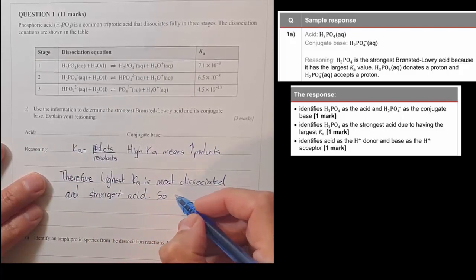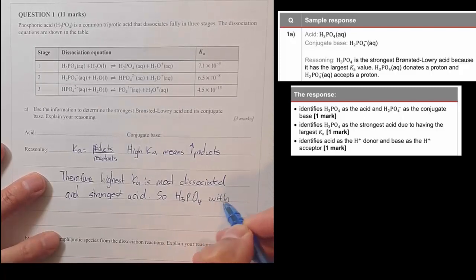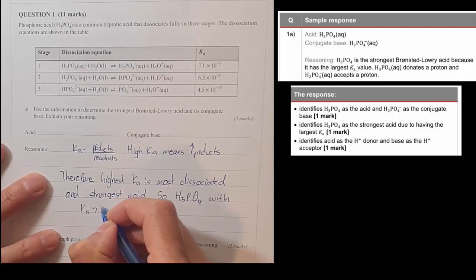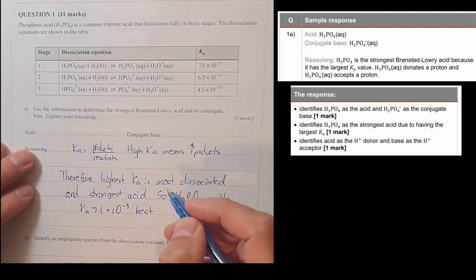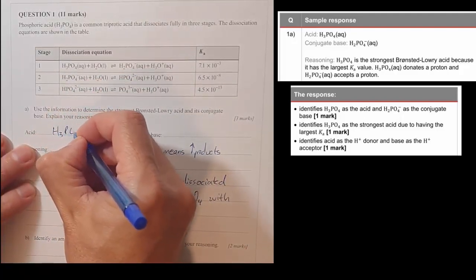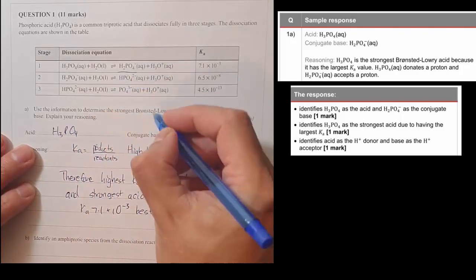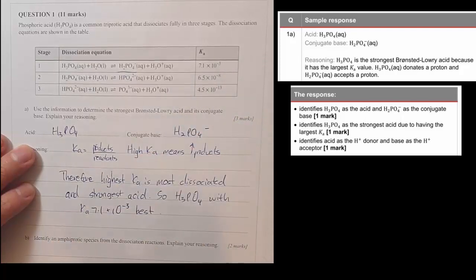So H3PO4 with Ka 7.1 by 10 to the minus 3 is the best. Okay, so that means H3PO4 and the conjugate base would be this one, H2PO4 minus.